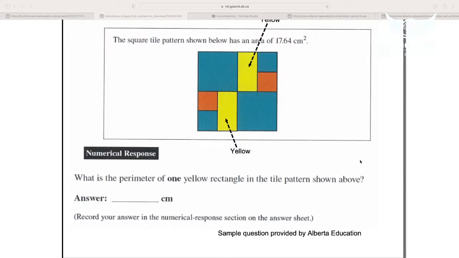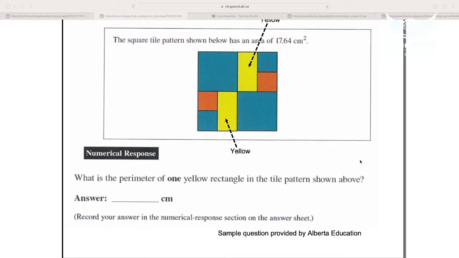Okay, last question. This square tile pattern shown below has an area of 1764 centimeters squared. What is the perimeter of one yellow rectangle in the tile pattern shown above?